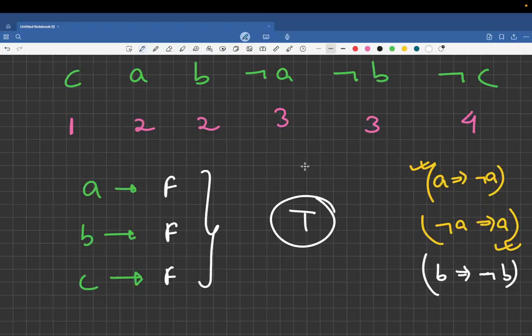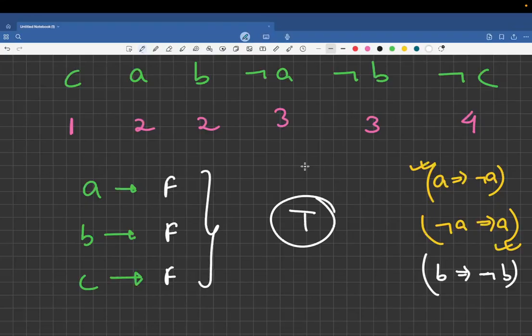So if I just summarize what we actually did in this particular problem, we are first of all converting the CNF form to implicative normal form. From that we are getting the implication graph. Then we are finding the strongly connected components and assigning component number to each and every node. And then we will see what value will be assigned to every node.